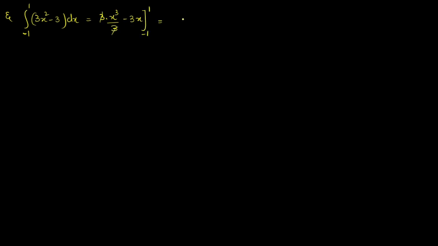So 3 and 3 cancel. Upper limit is 1, so it is 1³ minus 3 times 1, minus the lower limit, that is (-1)³ minus 3 times -1. If I simplify this further, 1 cubed will be 1, minus 3; in the bracket, (-1)³, again an odd power of a negative number, so it is -1, and minus of minus will be plus 3.